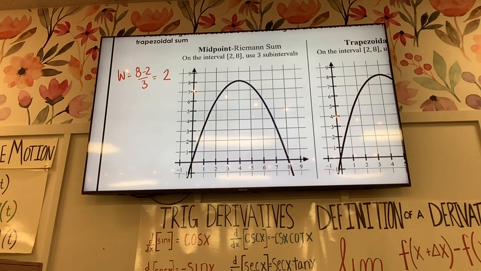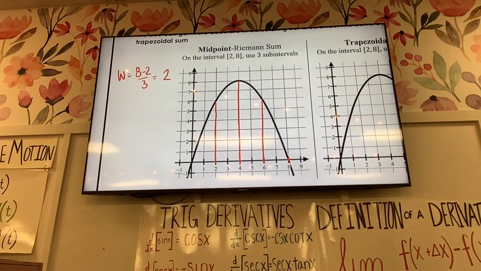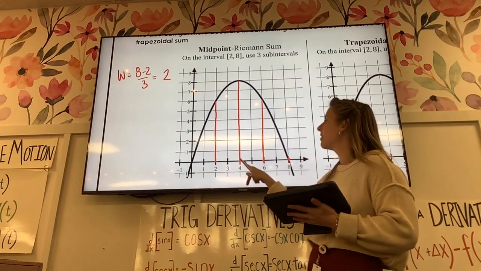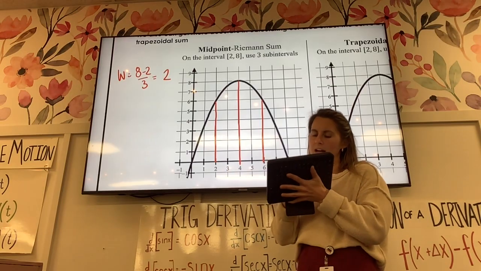Alright, so I'm going to draw my little rectangles here. So I'm going from 2 to 8, and they're width of 2. Alright, now for midpoint Riemann sums, the midpoint is going to determine the height. So on this first rectangle, not the left, not the right, but the point in the middle is going to determine how high you are.